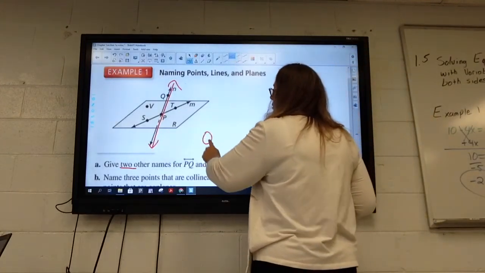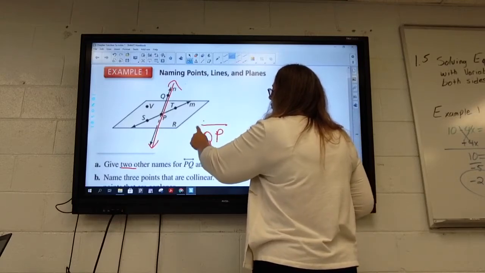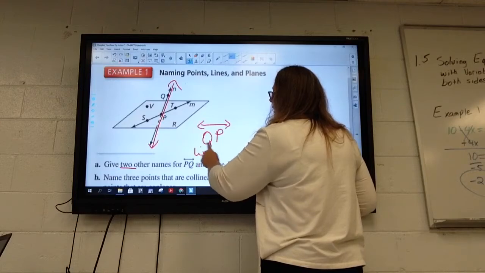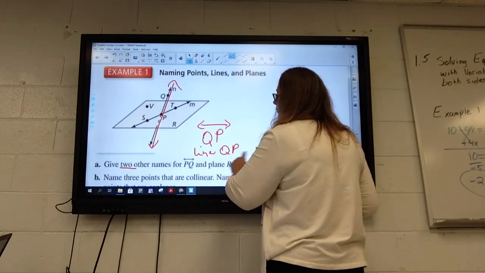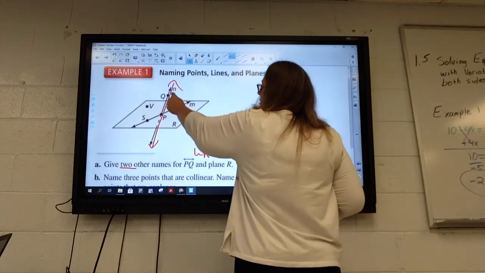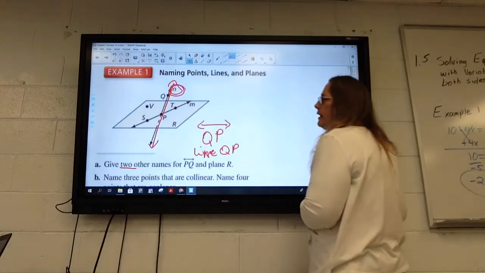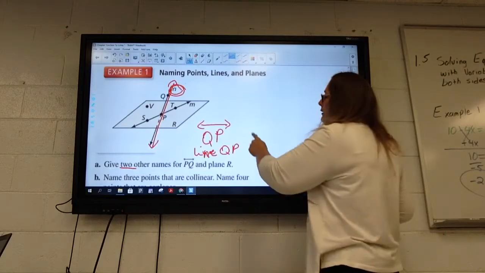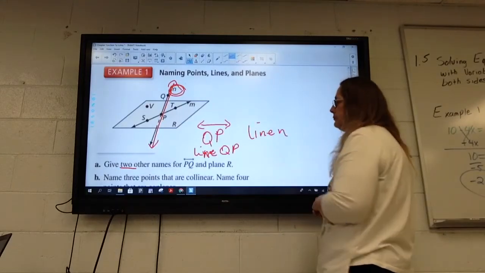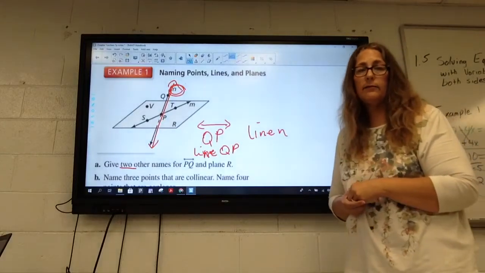So that is QP with a line over it with the 2 arrows. Or you can say line QP. You also have this little letter here. That is another way of naming a line. That's line N. Those are your 2 ways of naming that.